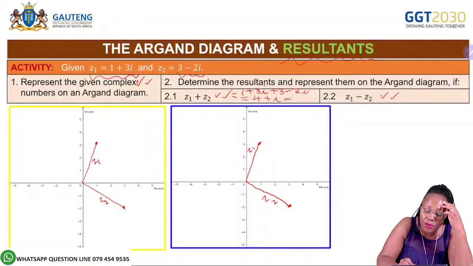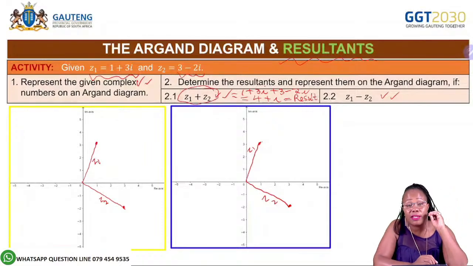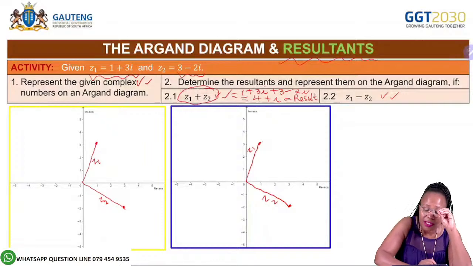That means this one will be our resultant, because it says the resultant when we have added these two. So what is the resultant? It's 4 and 1i, 4 and 1i coordinating there. So our resultant will be there.